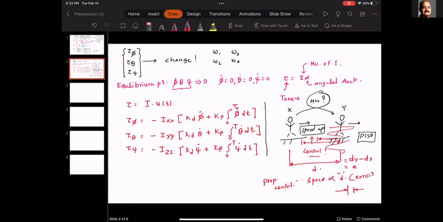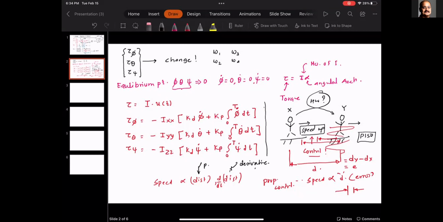So what I'm going to do is control the speed, not only proportional to the distance between those two, but also the rate at which the distance is changing, d by dt of relative distance. And once I add this additional term, that becomes the derivative control. So this is proportional, then you have the derivative.